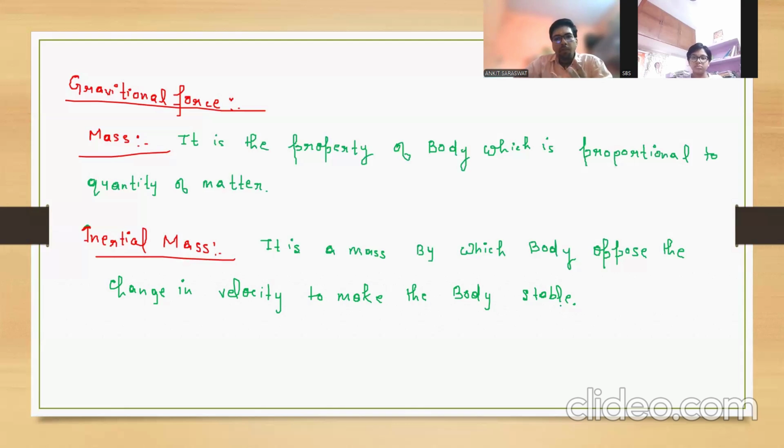For example, the football. You are having a football, you are kicking the football. One football is made up of stone, one football is made up of foam. Then which football has more inertia? Stone. The football made up of stone has more ability to oppose its state, to oppose the change in velocity. It has more opposition ability.